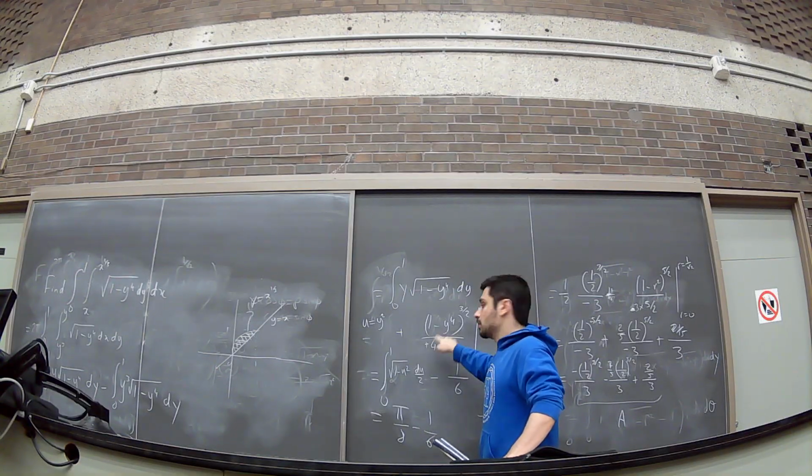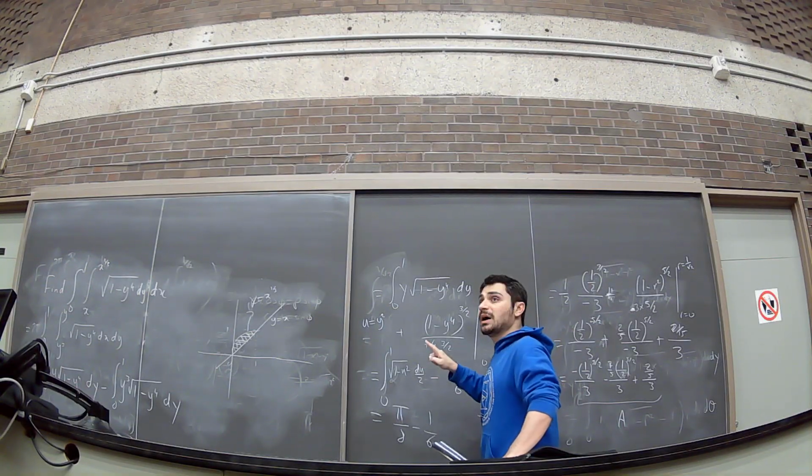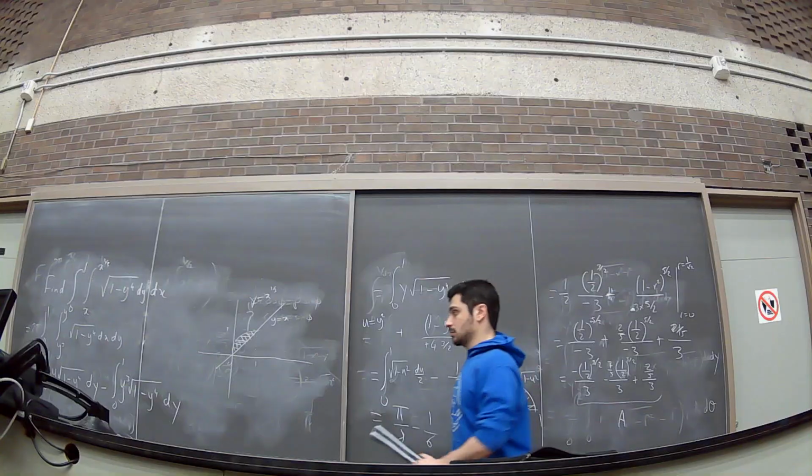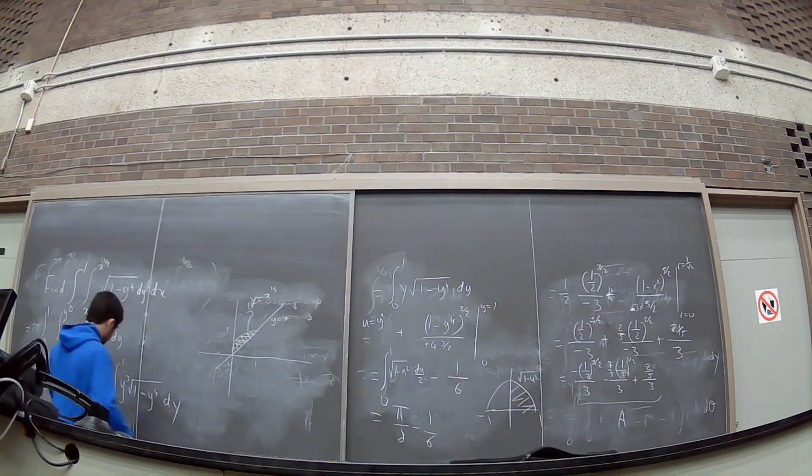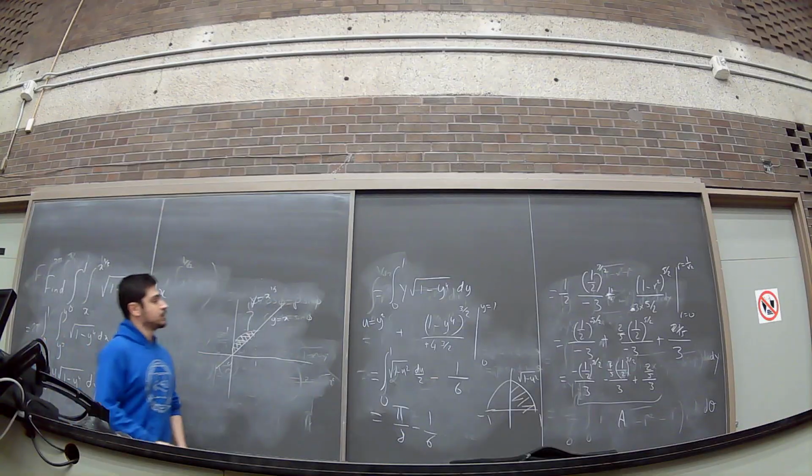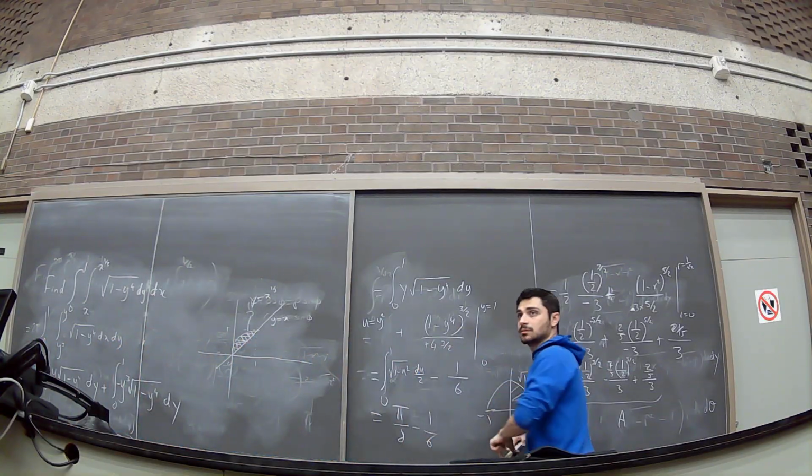You get 0. And then you have a minus square. Sure. Okay, so let me put a plus here and put a minus here. Is that fine? Can I do that? You agree?